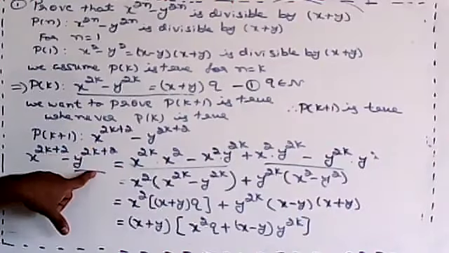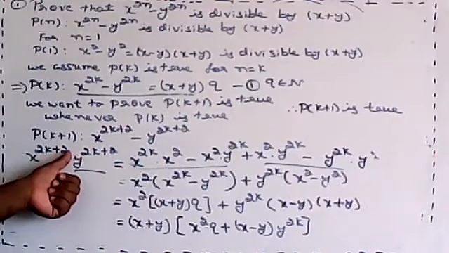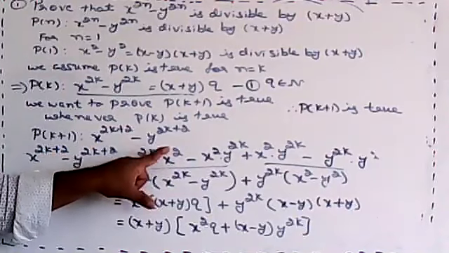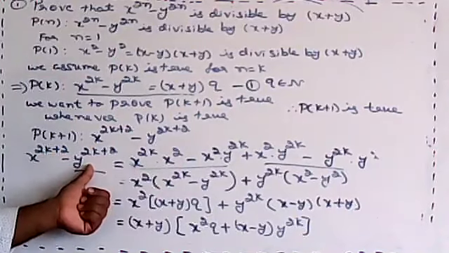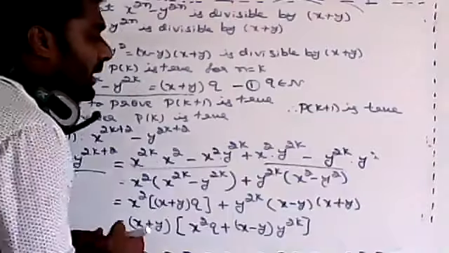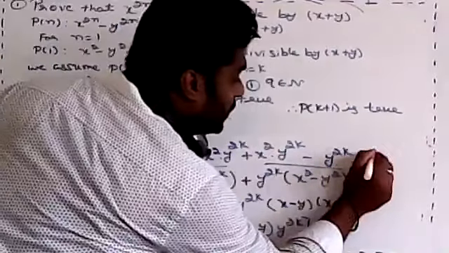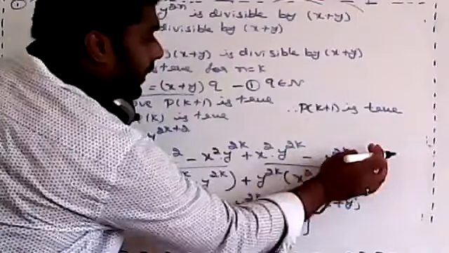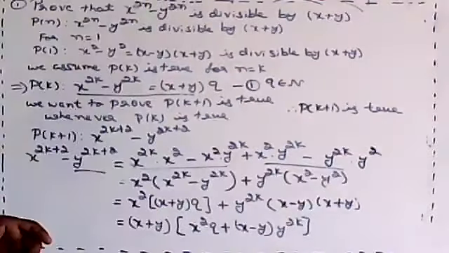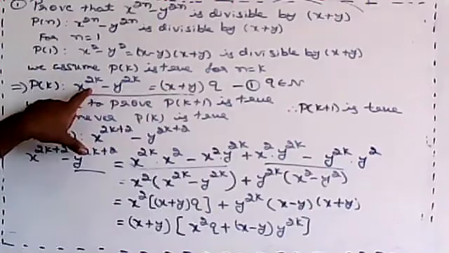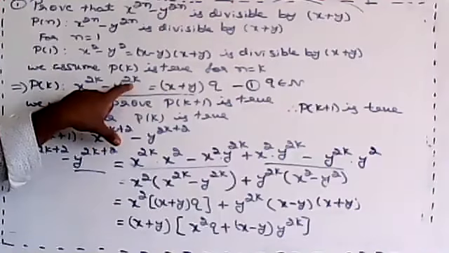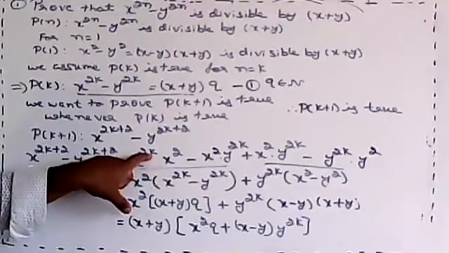So write down that one as it is. This x to the power of 2k plus 2 we are writing as x to the power of 2k into x square, and this last term, minus y to the power of 2k plus 2, is minus y to the power of 2k into y square. Correct? But to get to this one, we want x to the power of 2k minus y to the power of 2k. Here already x to the power of 2k is there.